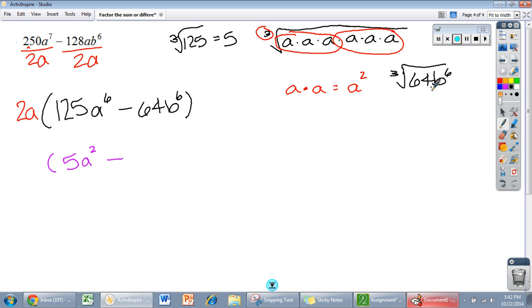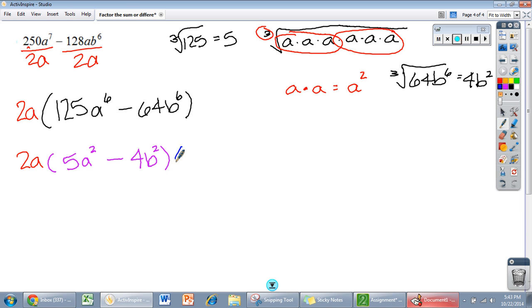Once again, the cube root of 64 is 4, and just like when we multiplied out 6 a's, if we multiply out 6 b's, we can make 2 groups of 3, because 3 is my index, and it's going to be b squared. So let's drop that in: minus 4b squared. Don't forget my greatest common factor, 2a. Please don't forget it, because leaving it out will make a correct answer an incorrect answer.